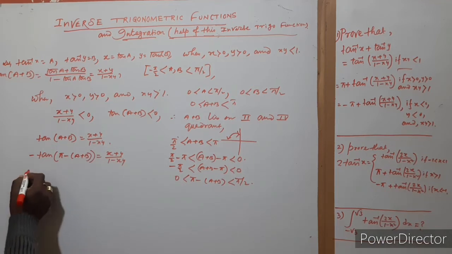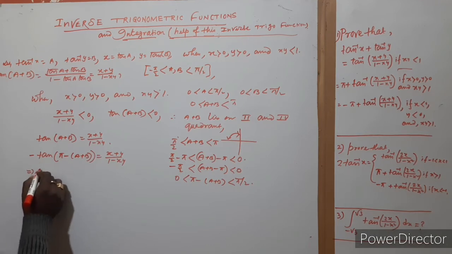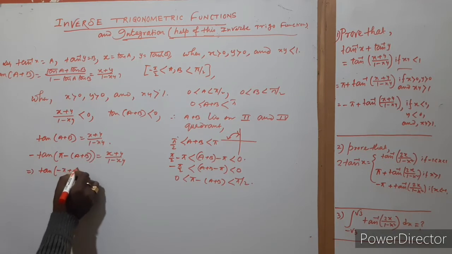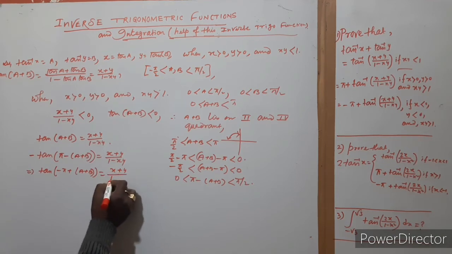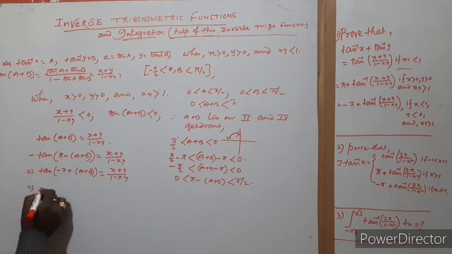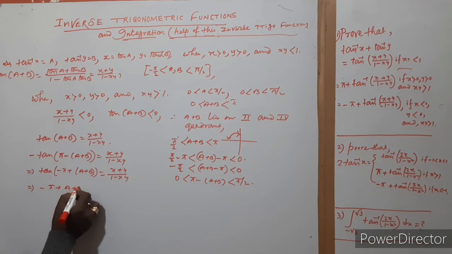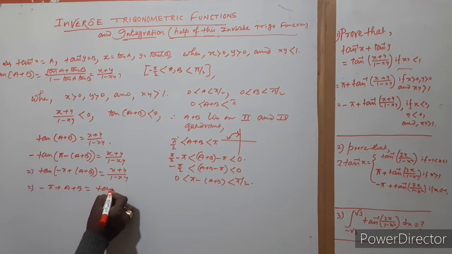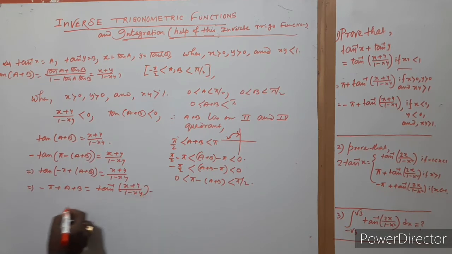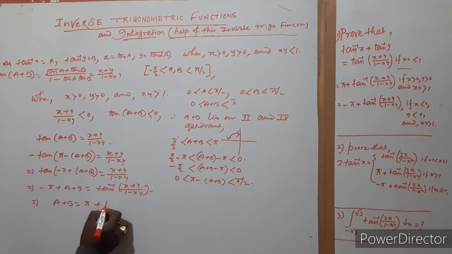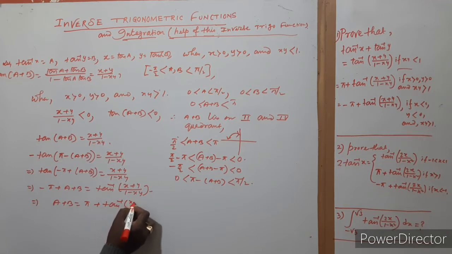So in that case we can write minus pi plus a plus b, and this is equal to tan inverse of (x plus y by 1 minus xy). So therefore a plus b is equal to pi plus tan inverse of (x plus y by 1 minus xy).